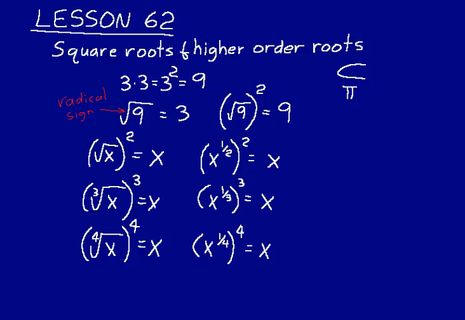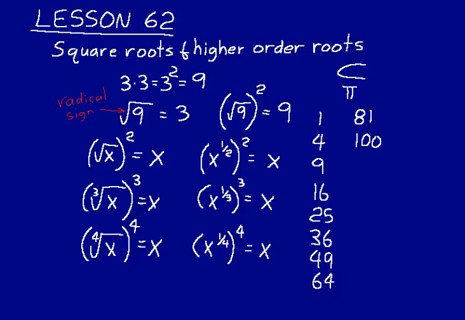So 1 squared, that would just be 1. 2 squared would be 4. 3 squared would be 9. 4 squared would be 16. 5 squared is 25. 6 squared is 36. 7 squared is 49. 8 squared is 64. 9 squared is 81. 10 squared is 100.